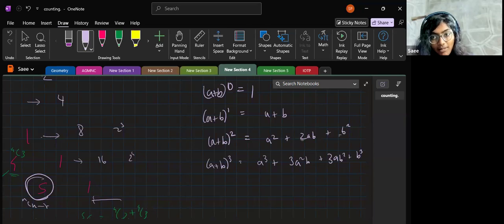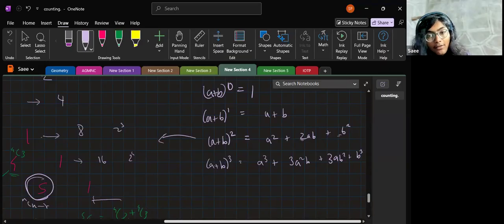They are special numbers that we have already seen before. So for 4, it's going to be something like a to the 4 plus 4a cubed b plus 6a squared b squared plus 4ab cubed.